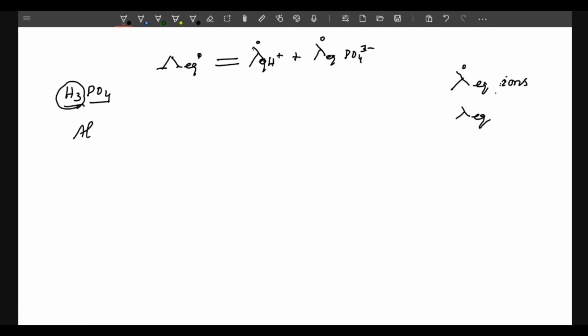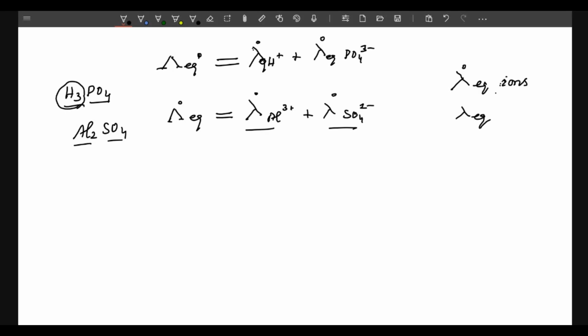For aluminum sulfate, if the equivalent conductance of aluminum and sulfate ion is given, they have already worked out converting into equivalent. Therefore, you just add the equivalent conductance of aluminum ion 3 plus and the equivalent conductance of sulfate ion. No necessity of multiplying this and that.